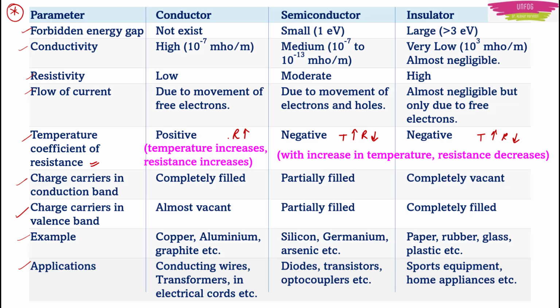Current is disturbed means resistivity is increased, right? So increase in temperature is having a positive impact on the resistivity. That's why we say that conductors have positive temperature coefficient of resistance. Okay, so this point, in fact, I am expecting this time, because till now they have not asked this question, but this is a very, very important question.